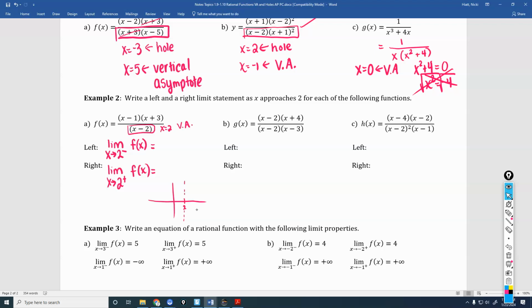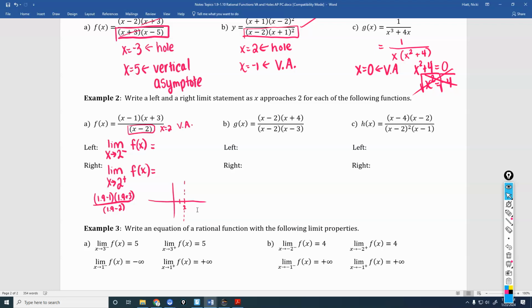But probably if we plug in 1 right here to see what we'll get, 1's not going to be great. 1 is going to give you 0, isn't it? Let's go closer. Let's do like 1.5, or maybe even 1.9. 1.9 is really close. If I do 1.9 minus 1 times 1.9 plus 3 over 1.9 minus 2, I really don't care what number this is.